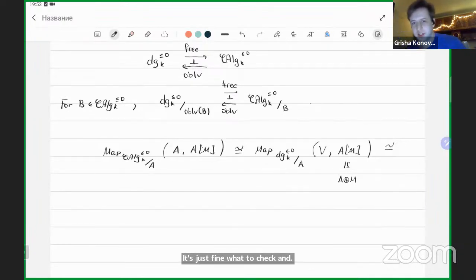I was using the adjunction to rewrite my mapping space as a mapping space in the category of complexes.